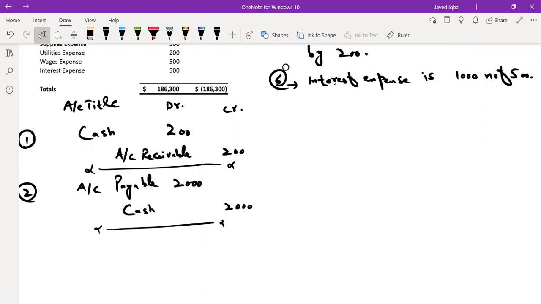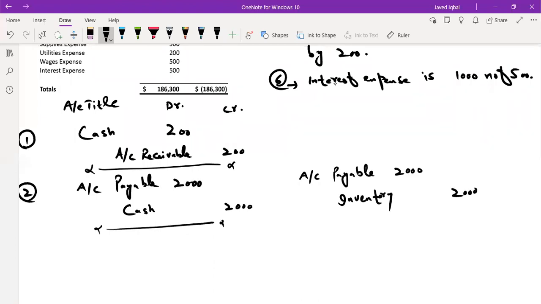If you had certain information regarding inventory, stating that this is overstated due to goods return, then we would have recorded it as account payable debit 2000, and we would be decreasing our inventory by 2000.